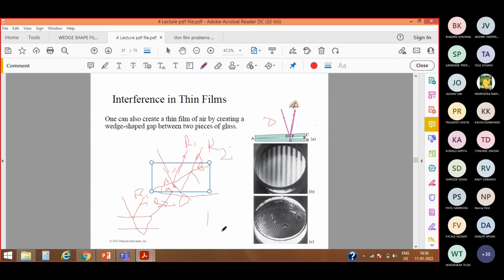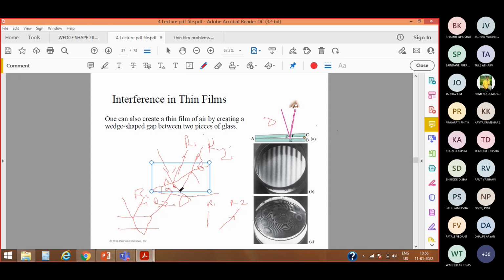So there is divergence of the ray R2 in case of wedge-shaped thin films. R2 is diverging here. Why does this happen? Because the thickness is changing here. In case of wedge-shaped thin films, the thickness is changing, so that's why R2 is not parallel with R1. This is a very important point in wedge-shaped thin films.